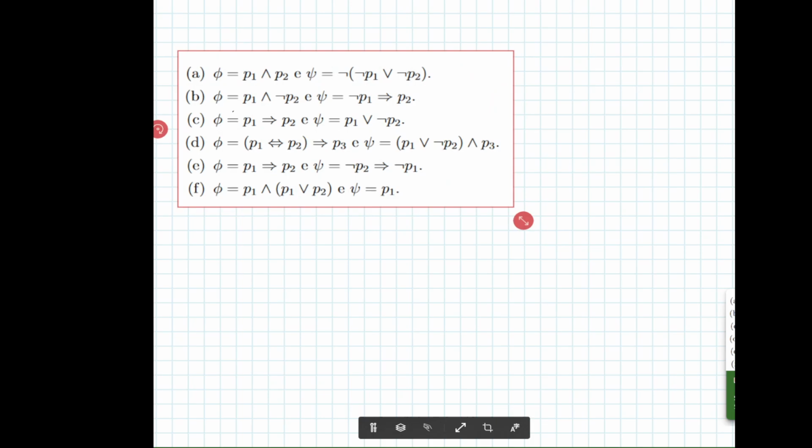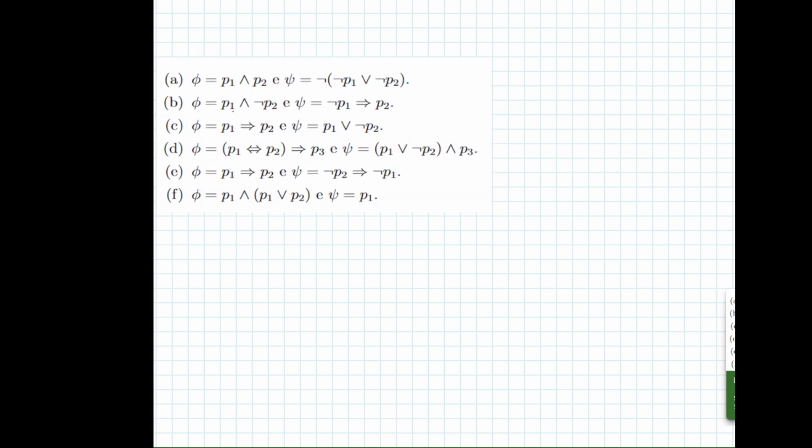For the following question, we have this set, this group of formulas.